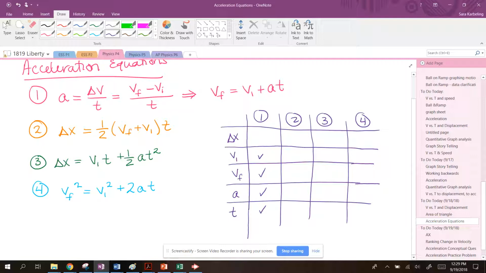Once you've got them, check with your neighbor. I think the easiest way to check with your neighbor is to find out where they have their empty box instead of going through all the check marks.